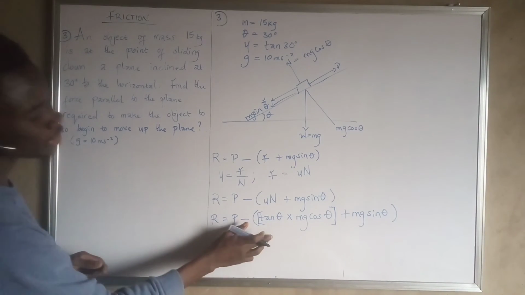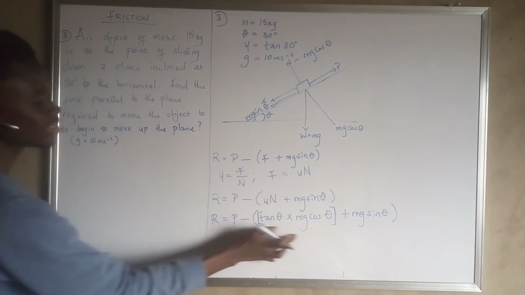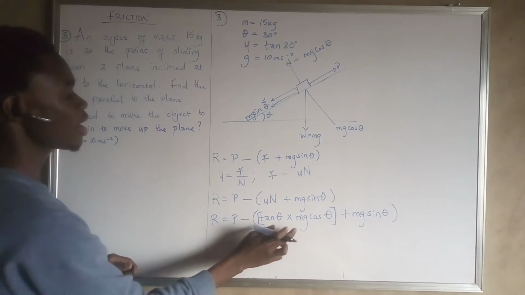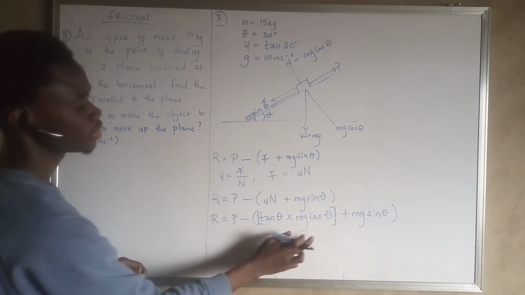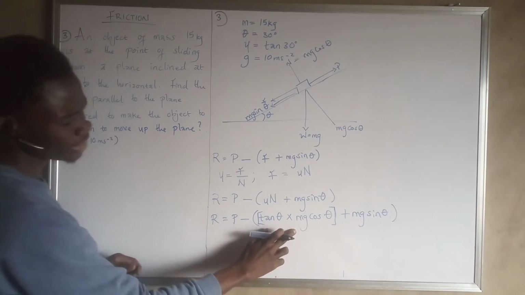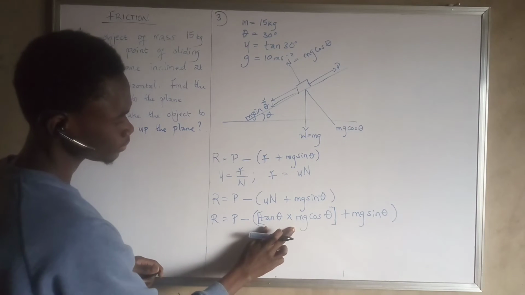That is, we replace U and N with these. U, which is the coefficient of friction, is tan theta. And N, which is the normal reaction, is equivalent to this component here. So we say N is equal to mg cos theta.